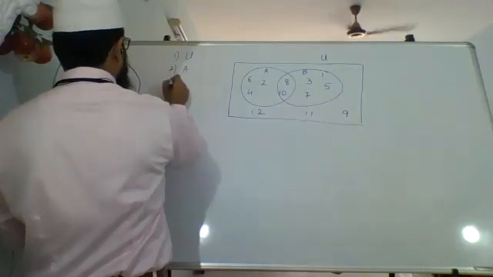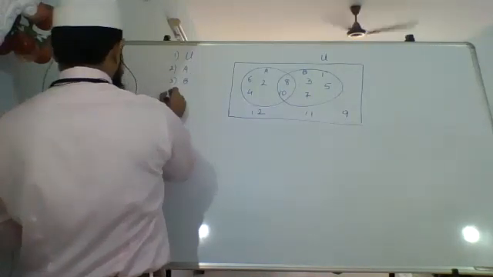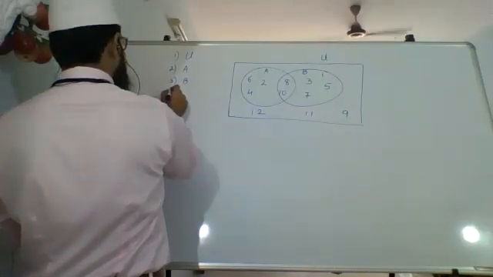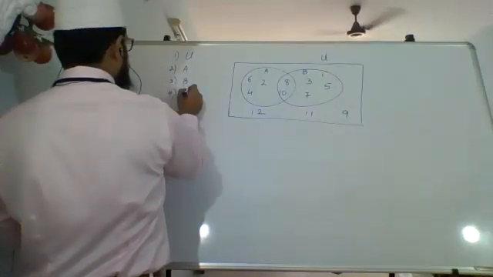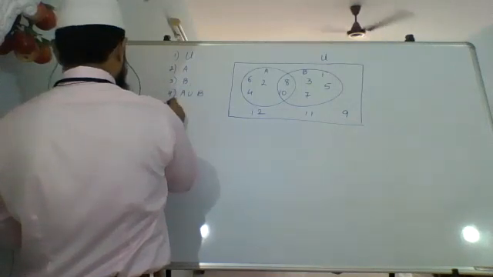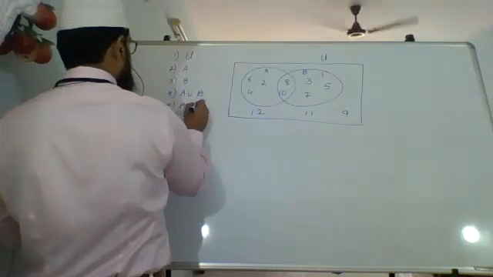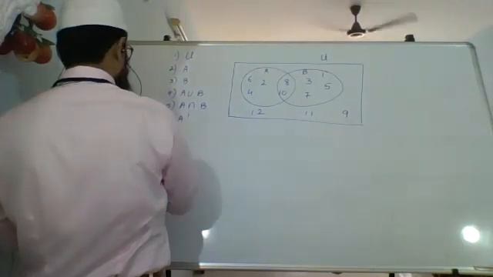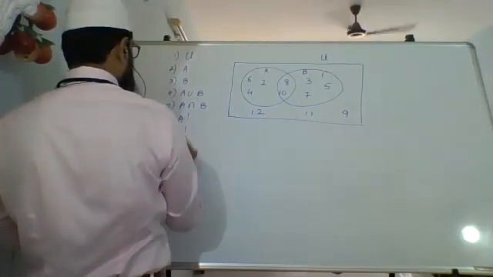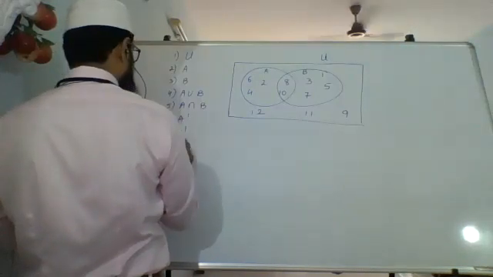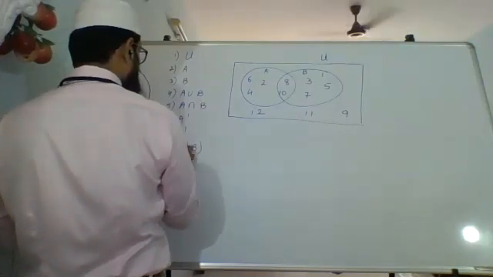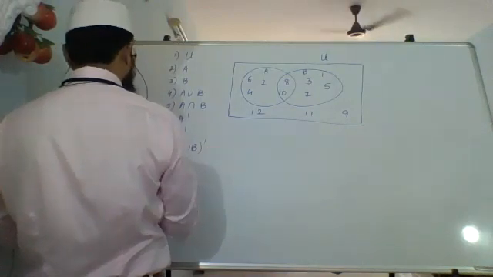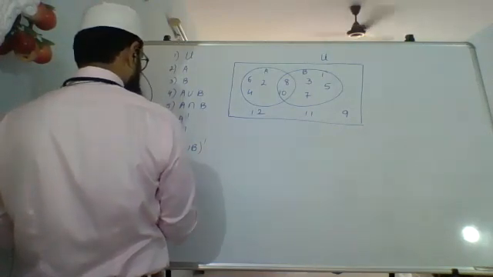Then we have to write set A, then set B, then A union B, then A intersection B, then A dash, B dash, A union B bracket dash, a complement of that, and the ninth one that we have to write is A intersection B.